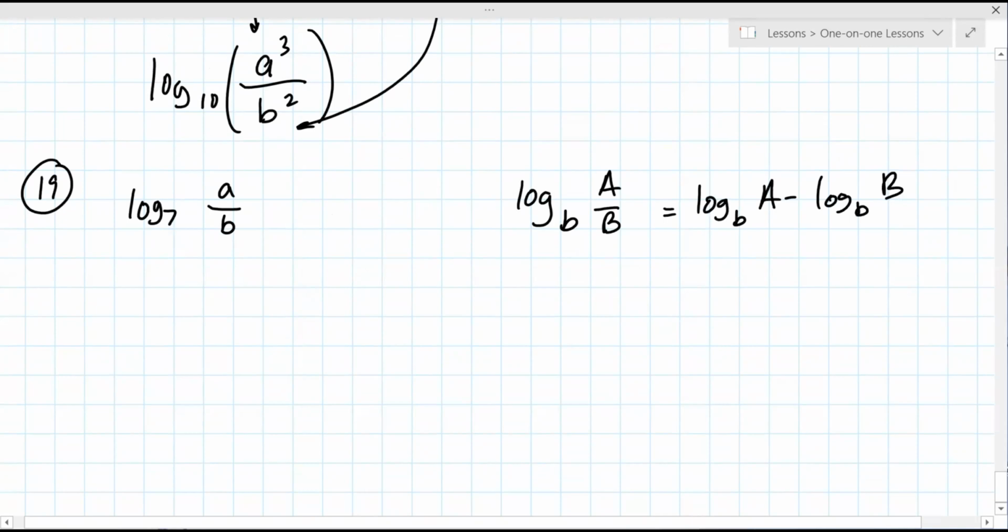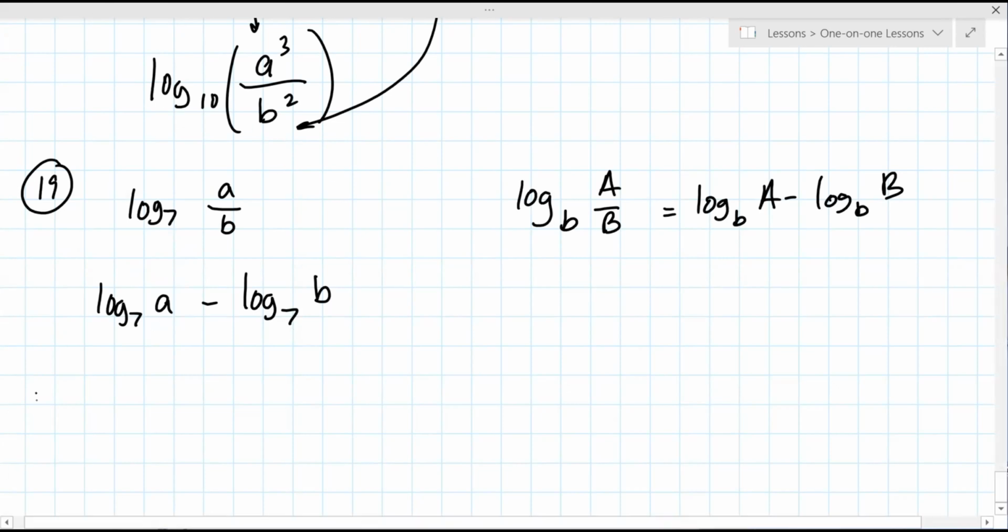The second number comes second. So you get log base 7 of a minus log base 7 of b. I wrote an uppercase a there, it should be lowercase. That's it. Nothing else to do on that one.